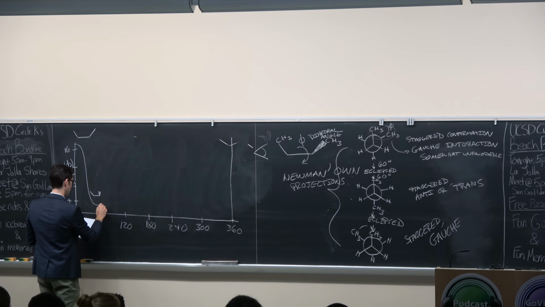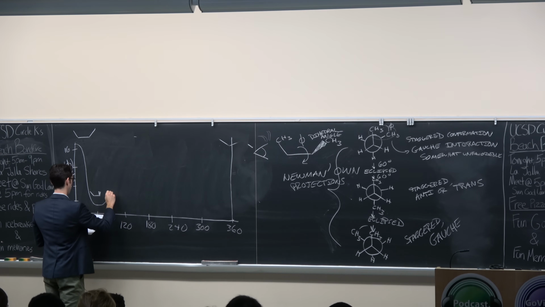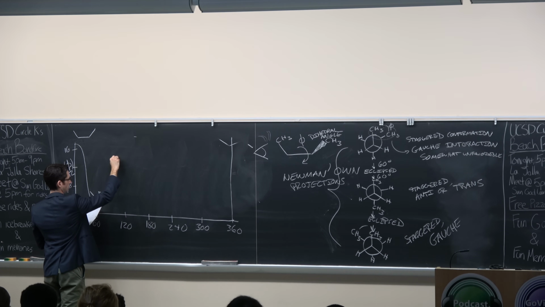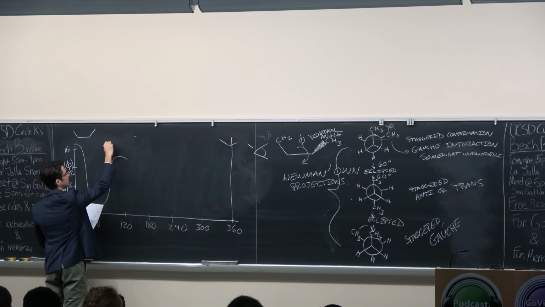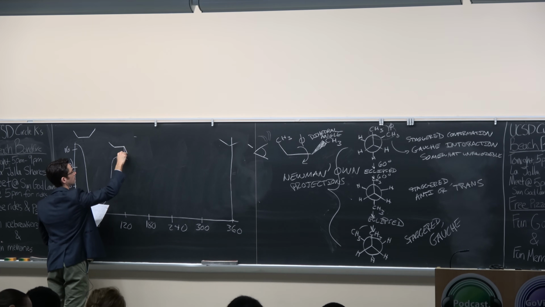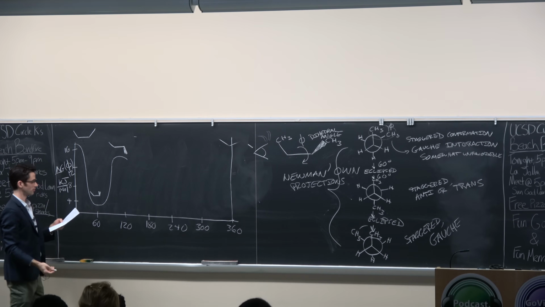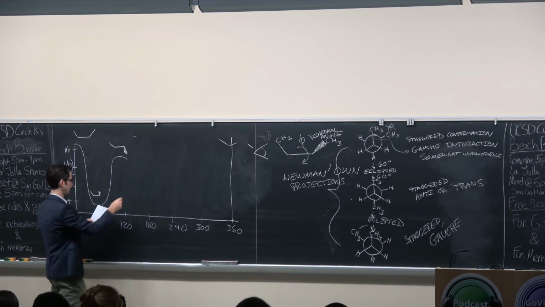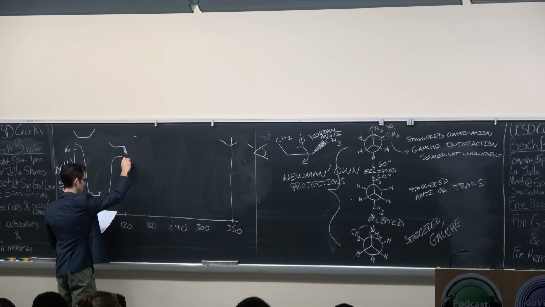Then our eclipsed conformation, that looks in 2 dimensions kind of like this, is about, say, 13 or 14 kilojoules per mole.